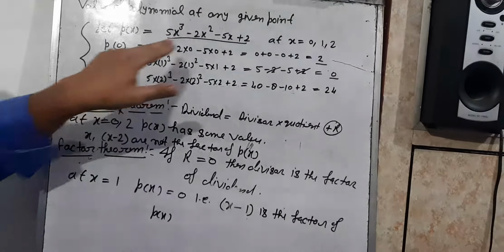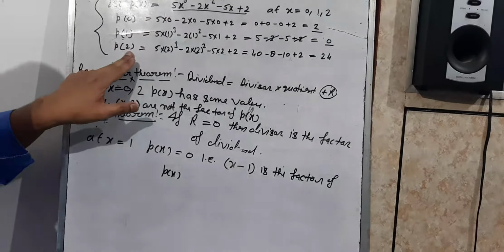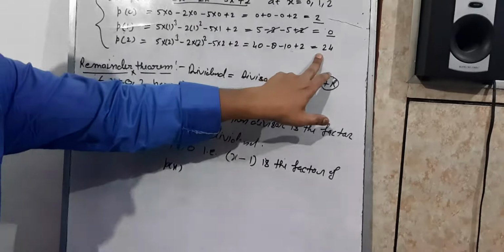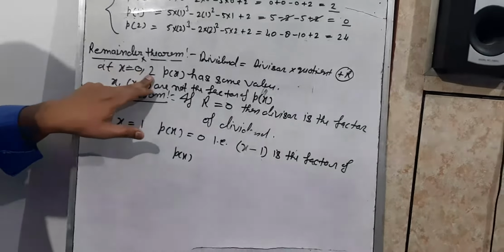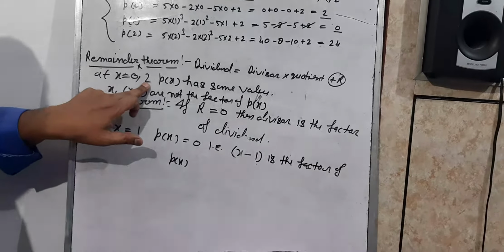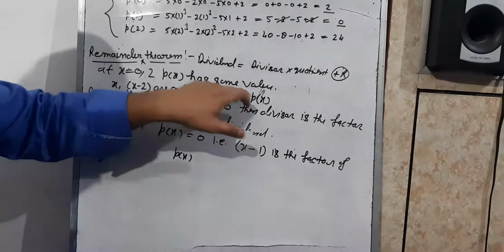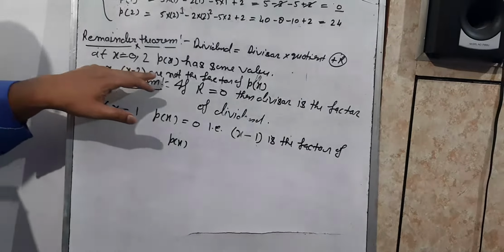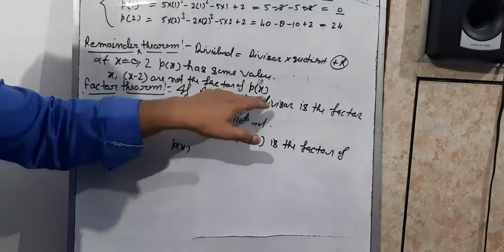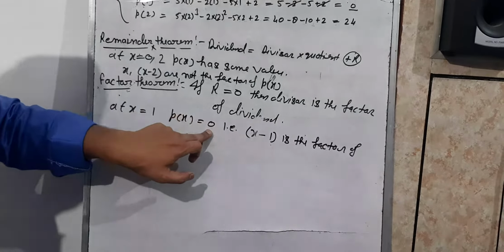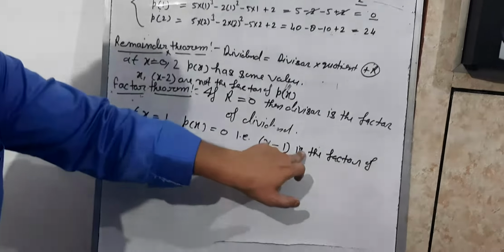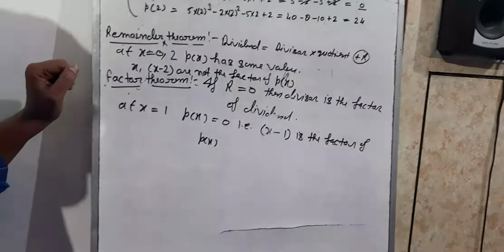Putting x equal to 1, value is 0. Putting x equal to 2, value is 24. It means at x equal to 0 and 2, p(x) has some values, so x and x minus 2 are not factors of p(x). But at x equal to 1, p(x) equal to 0, that is x minus 1 is a factor of p(x).